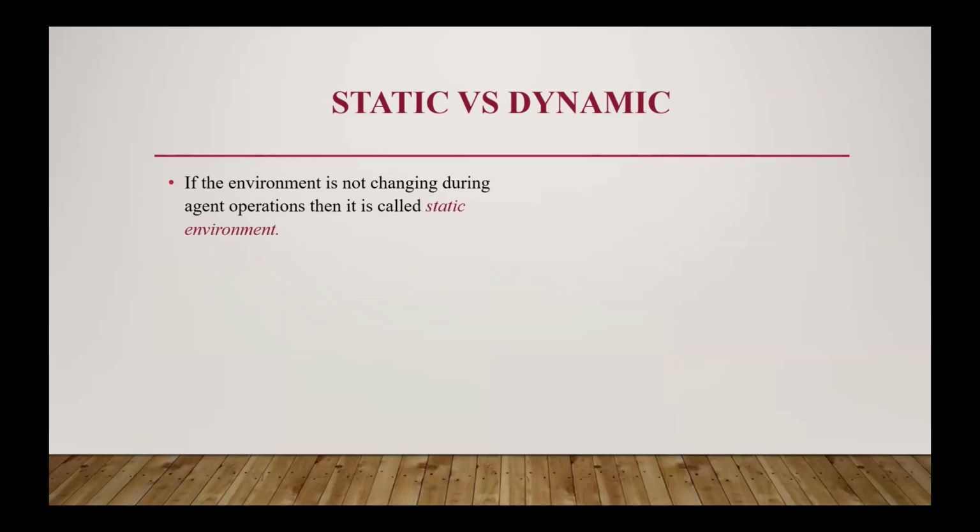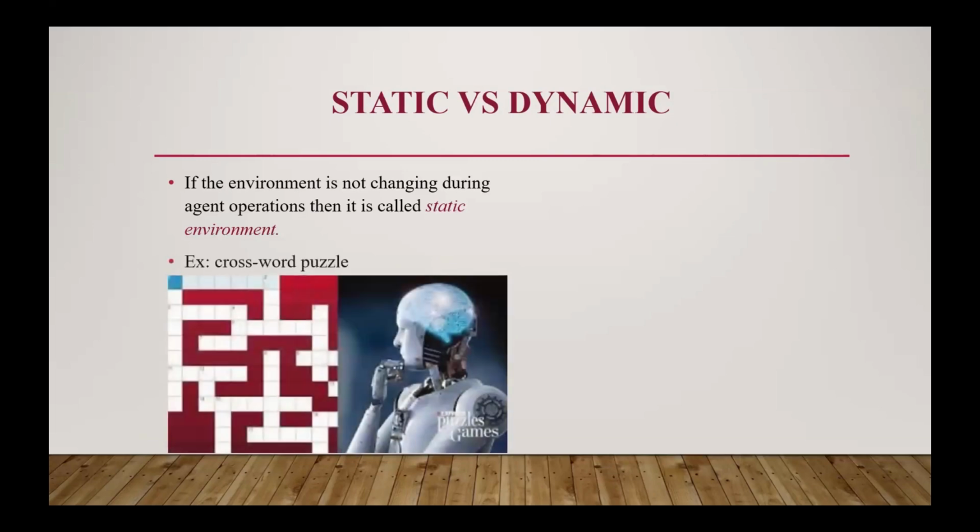During the action, there are no changes in the environment, so it is called static. For example, a crossword puzzle. When the agent works on a crossword puzzle, the puzzle does not change with its next move.